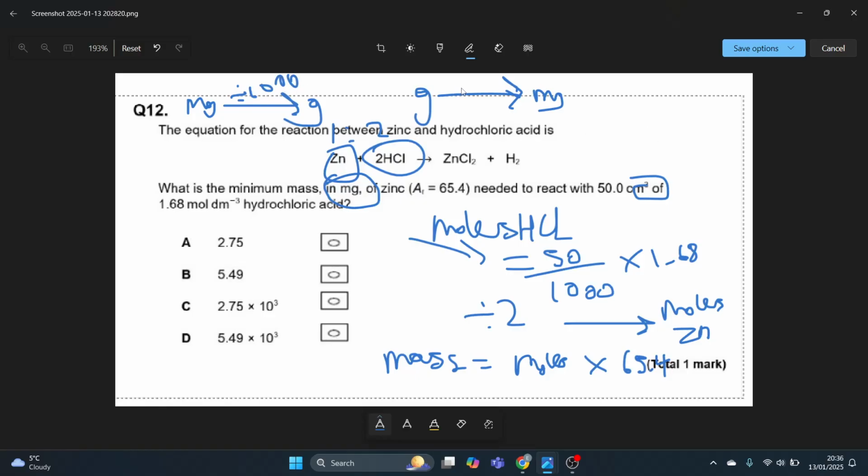Therefore, to go from grams to milligrams, I times by 1000. So actually quite a lot of steps, but it's not too difficult. And then do that times 65.4, and then times 1000. So I want it in milligrams. 2.75 times 10 to the power 1, 2, 3. Perfect.